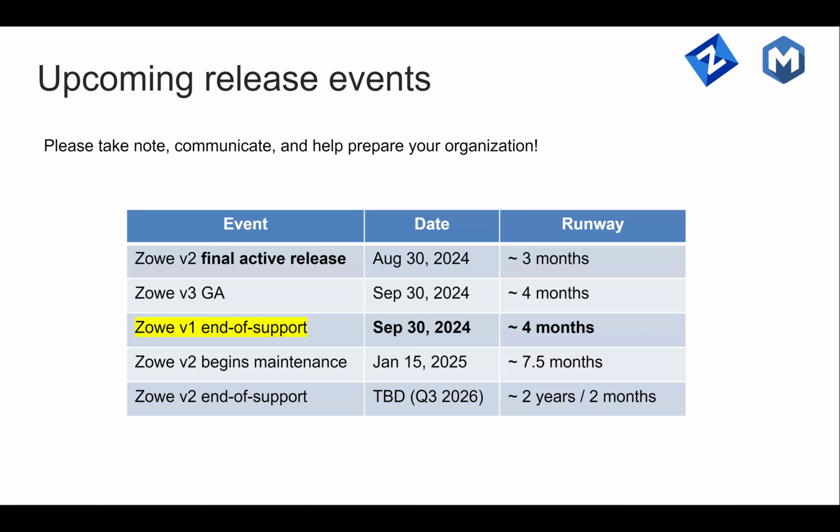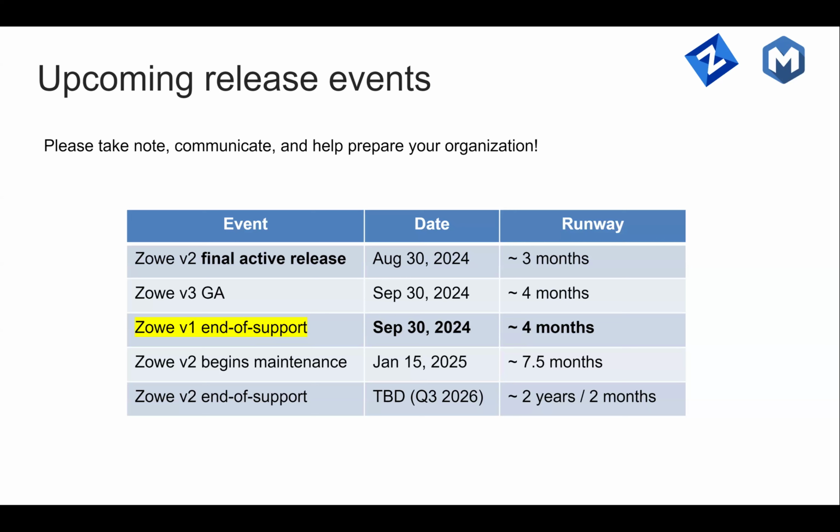That is community support, as well as likely all of the vendors who are comprehensive support providers for Zowe. Please do check with your vendor to confirm that. But as far as we know, that support terminates on that date.